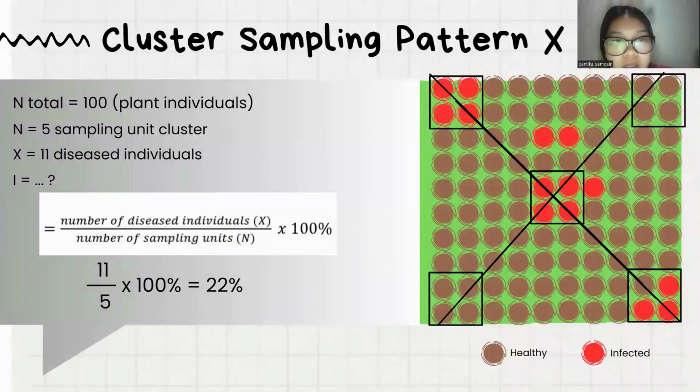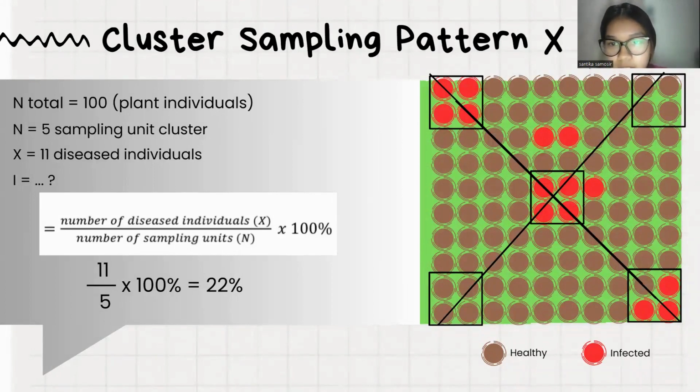So the next one is an example using pattern X, or cluster sampling pattern X. Just like the title, we make an X-shaped pattern. In this example, we make 5 sampling unit clusters, which is 2 on the top, 1 in the middle, and 2 on the bottom. And every cluster has 4 individuals.